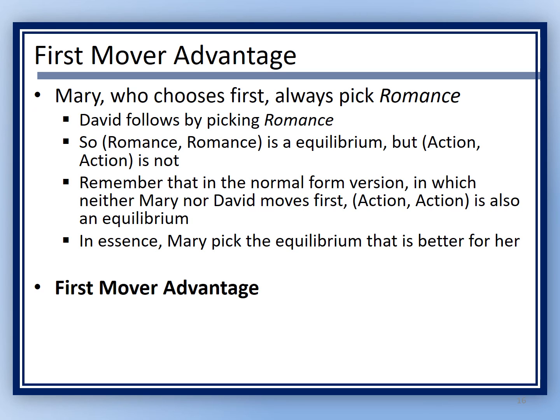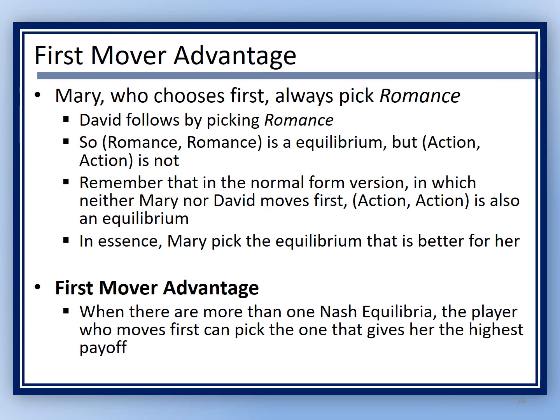So that's the first mover advantage. When you have more than one Nash equilibrium, the player who moves first can get to pick which one. So there's some benefit in moving first in these games.